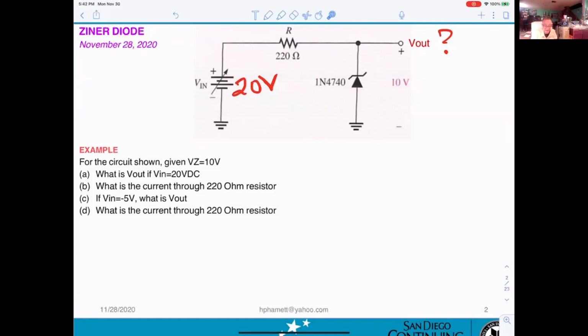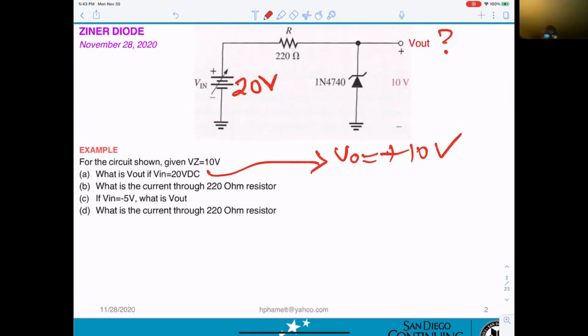It guarantees that no matter what input, even more than 10, the output will still be 10. That's why they break down, okay? So the answer here, we can say V out is 10 volt. The thing is, the Zener will break down.